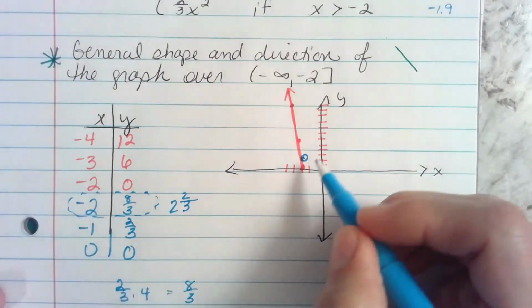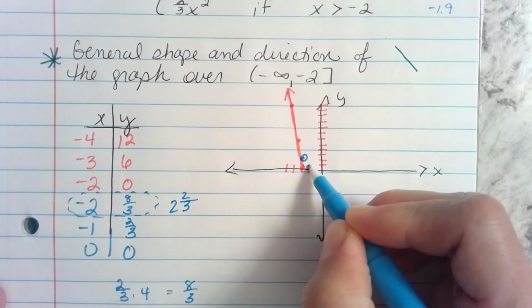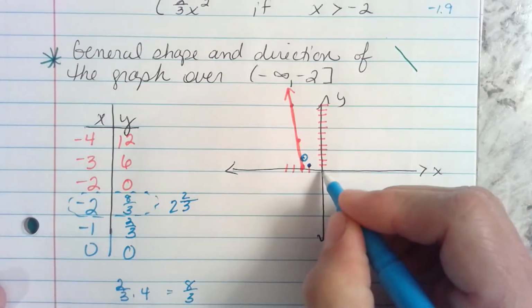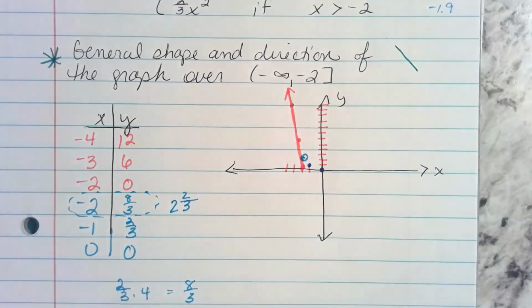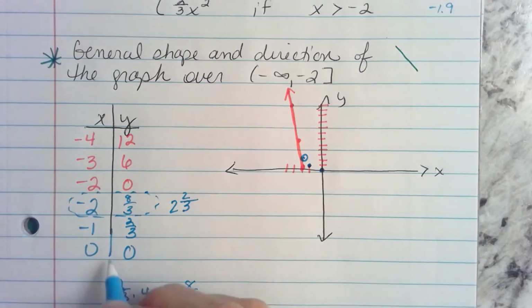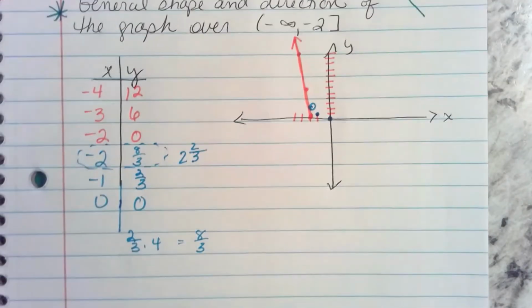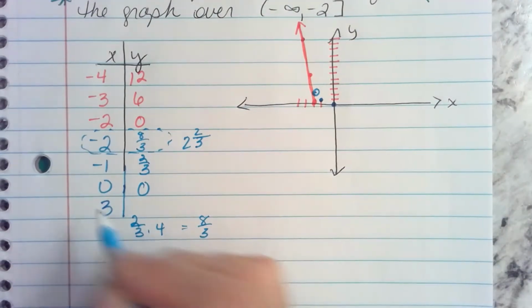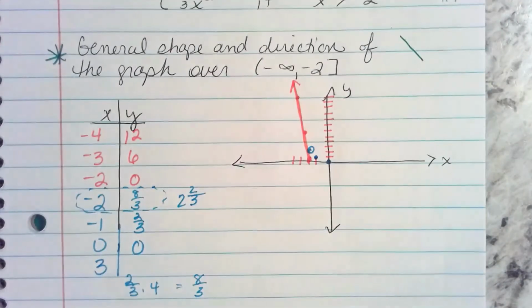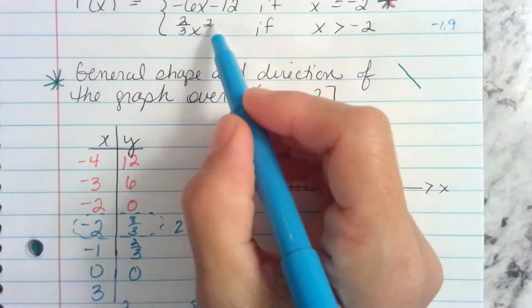Then we have negative 1 and 2/3, which is really, really close. And we have 0, 0. Now, I'm not quite sure what this graph looks like at this point, so I might choose a few more points just to be safe. Maybe I will actually try a 3. What does it look like when I put a 3 in there? Well, 3 squared is 9.